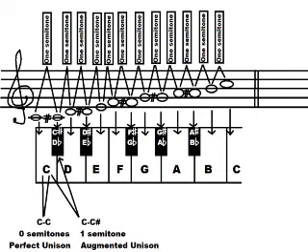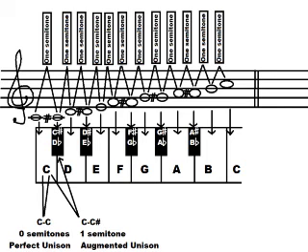If we have a perfect unison as C to C, it means that C to C sharp is still a unison with an extra semitone. That's an augmented unison. C to C is a perfect unison. C to C sharp is an augmented unison. Remember, this is enharmonic equivalence.